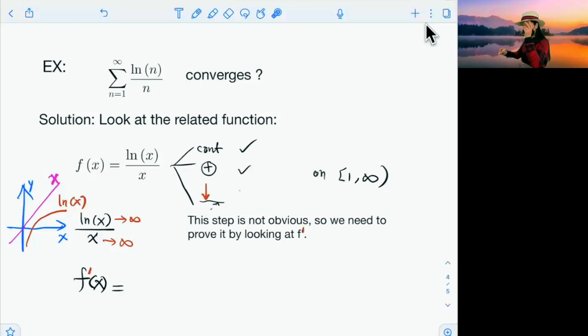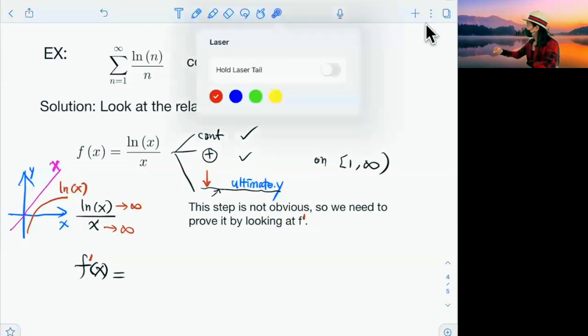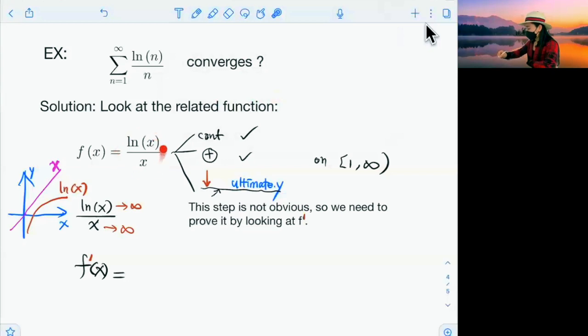But there's one way to prove it formally. How do you prove a function is decreasing? Show the derivative is negative. Good job, you guys. So now it's a good time to review taking the derivative. What kind of rule do you use to differentiate this?